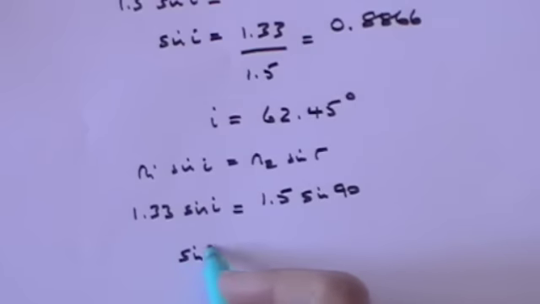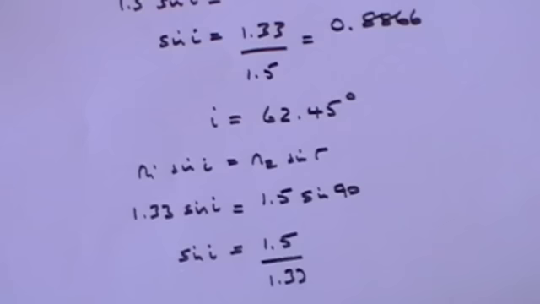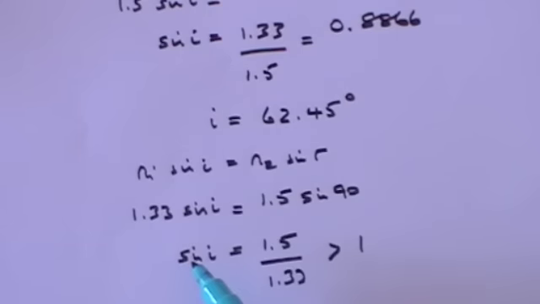So we've got the sine of I is 1.5 over 1.33. And we needn't go any further because that is greater than 1. You can't have a sine I greater than 1. So there is no critical angle when you go from water into glass.